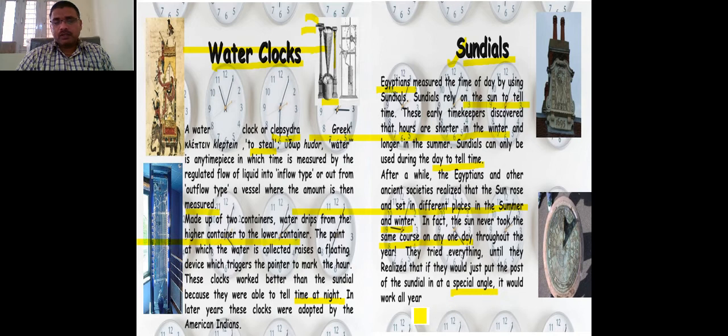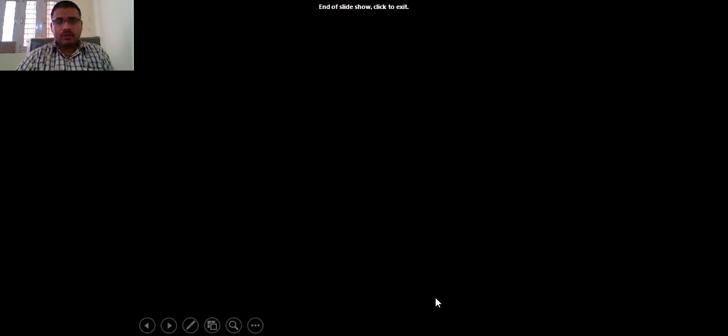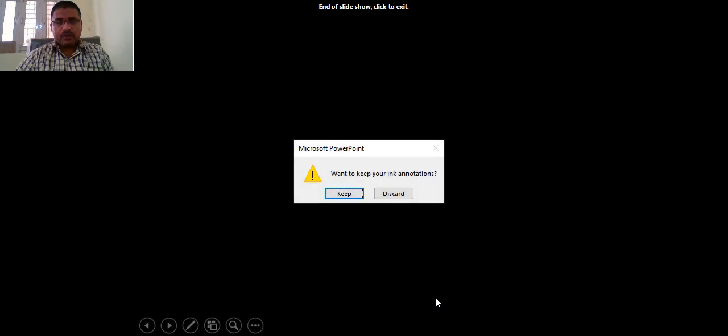They fixed the sundial at a particular angle, and the reflection coming at that particular time basically provides the time.